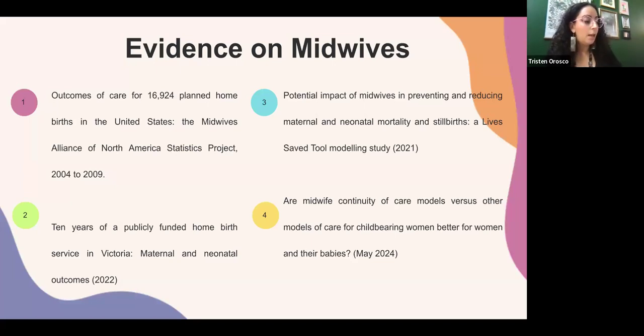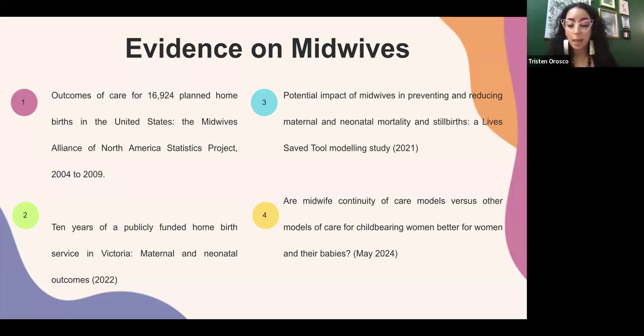Study 2 is looking at 10 years of publicly funded home birth service in Victoria and looking at the maternal and neonatal outcomes. Now, this is out of Australia. And in Australia, home birth only accounts for 0.3% of all births. So of the births that were funded over 10 years, 86% had a home birth. 13.9% transferred before the birth for various reasons.